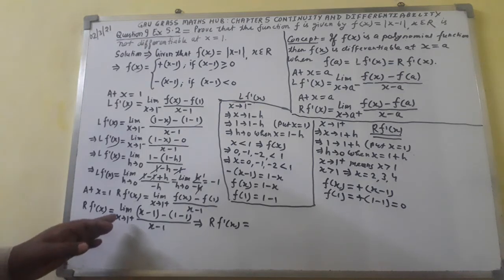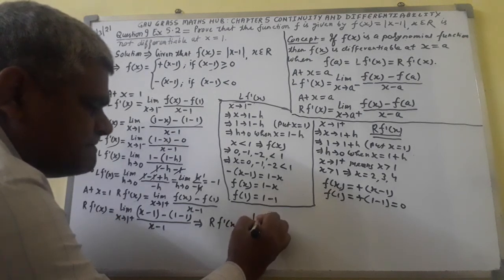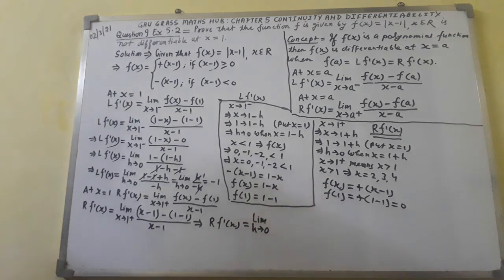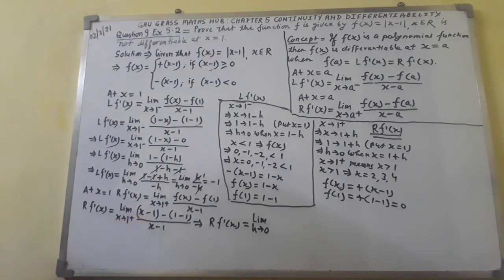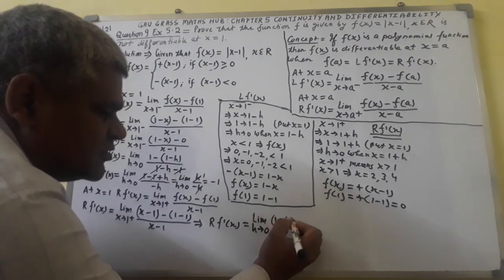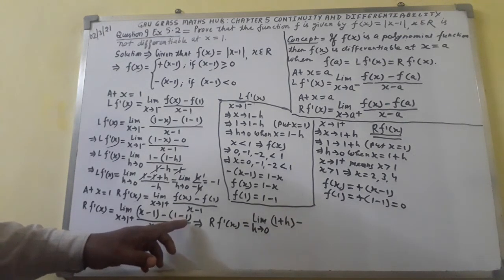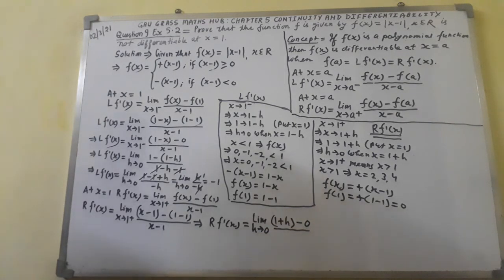In place of that I shall write lim h tends to 0. Then in place of x, I shall write 1 plus h. So here write 1 plus h minus 1 minus 1 comes out to here 0, whole over, in place of x I shall write 1 plus h.